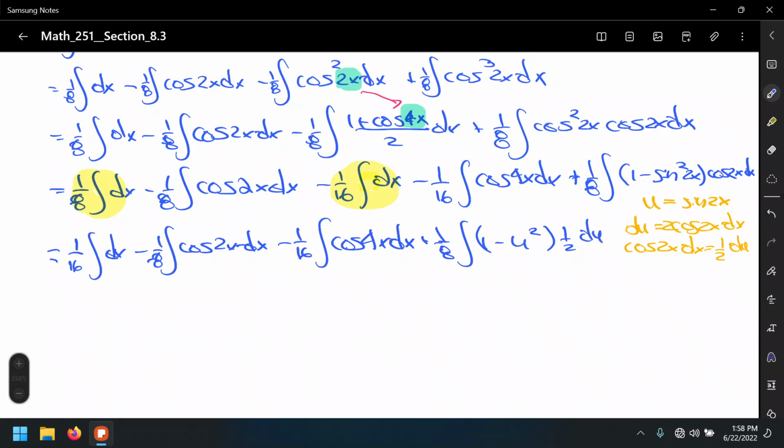But how about, so I don't have to write this whole thing right here, do we all agree that this 1/8 will multiply with this 1/2 to give us 1/16?